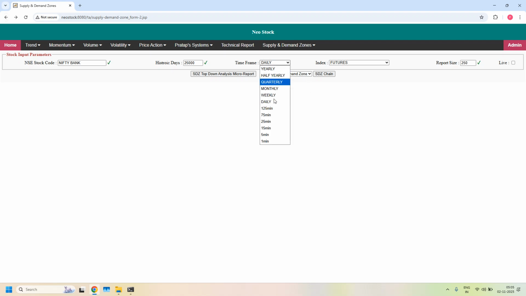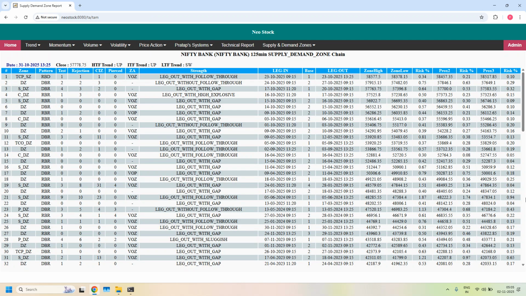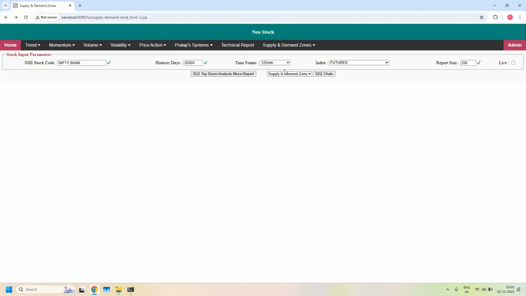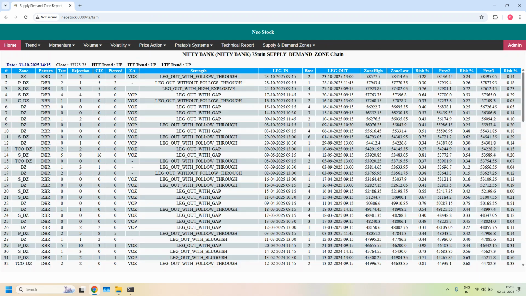Next, generating 125 minutes supply demand zone chain for BANKNIFTY. Next, generating 75 minutes supply demand zone chain for Bank Nifty.